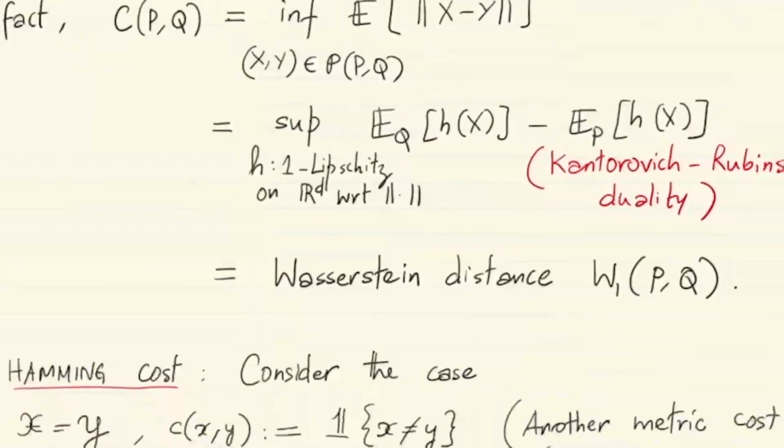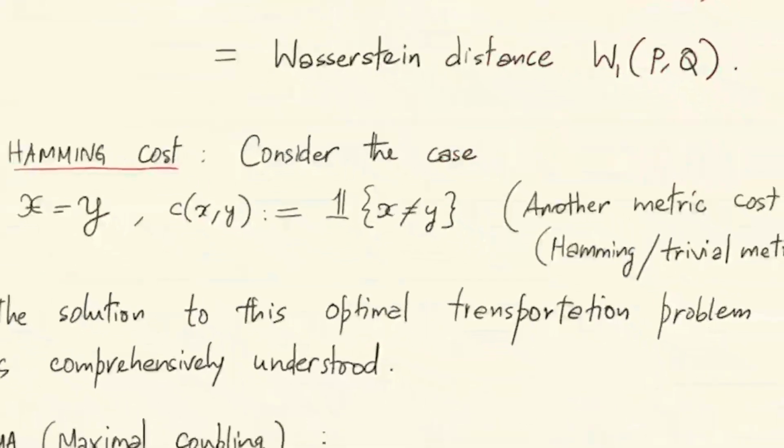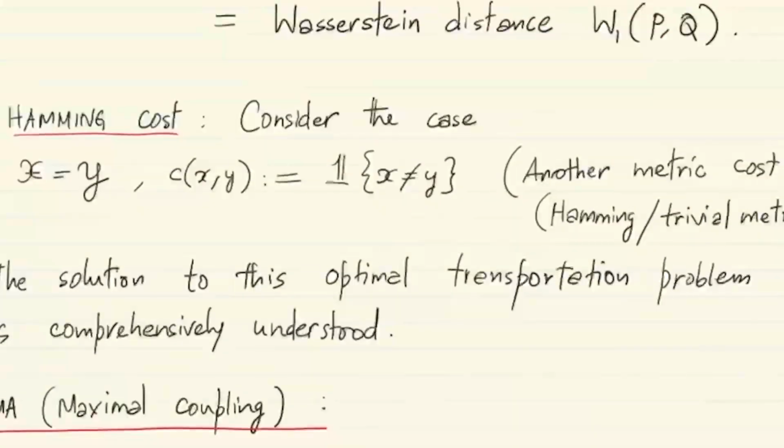The second example, which is very well studied among transportation cost problems, is the one of the Hamming cost. Let us consider the case where you want to transport between two given measures on the same space, that is, script X equal to script Y, and the cost function between x and y is just 1 if x is not equal to y and 0 otherwise.